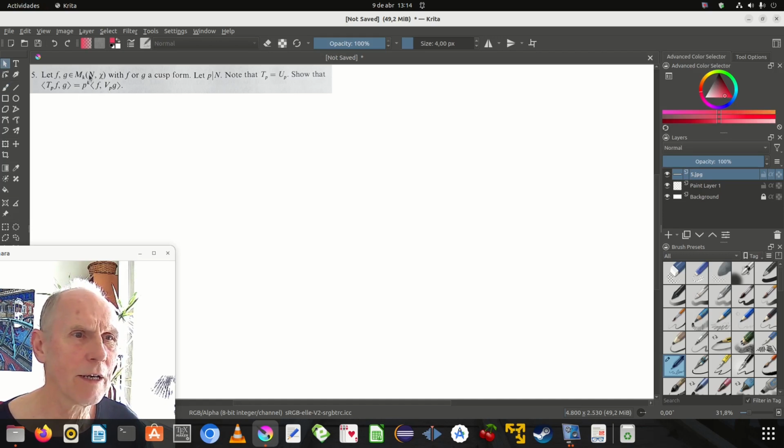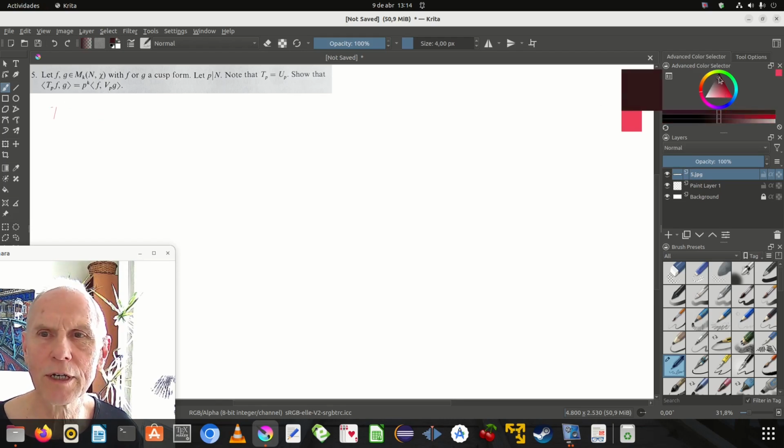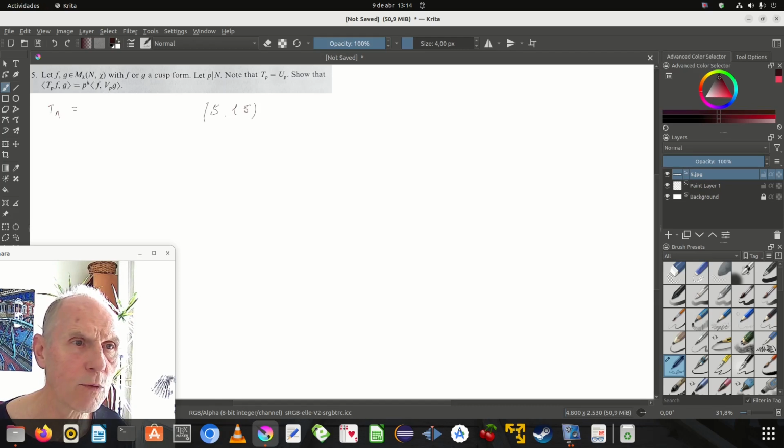We are in M_k and p divides N. Note that T_p equals U_p. Duly noted, but I guess I have to prove it as well. So let's look up the formula for the Petersson product, and it works exactly when f and g lie in this space.